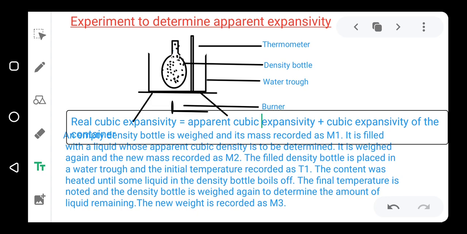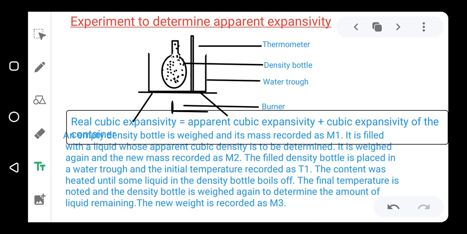That will give us the amount that has escaped or been lost. We divide the amount lost by the amount still remaining inside the bottle, then divide by the change in temperature, and that will give us the apparent cubic expansivity of the liquid.